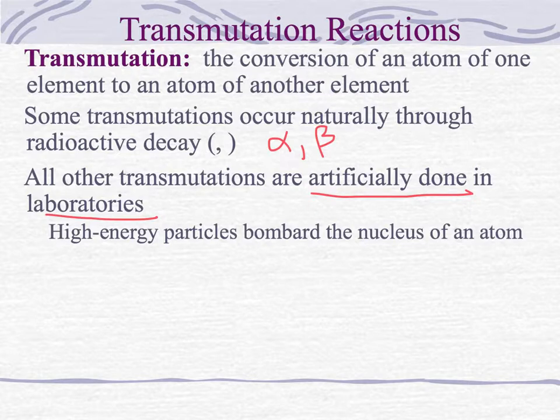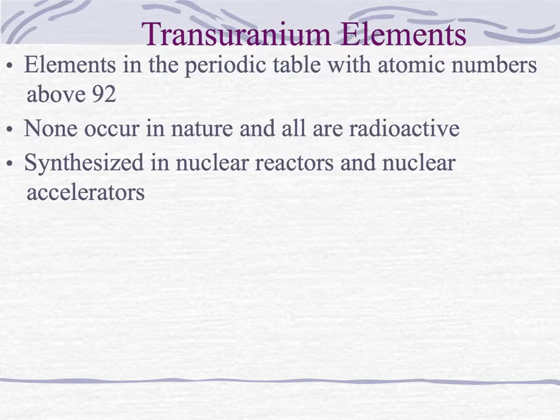These are ones that are actually made in labs. You cannot find them out in nature. Your transuranium elements are typically above atomic number 92. Once again, those are the ones that are man-made, made in the laboratories.